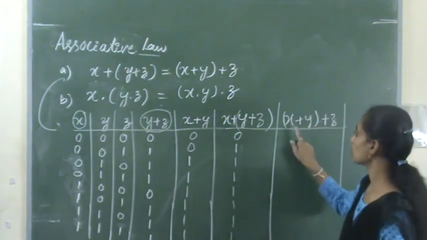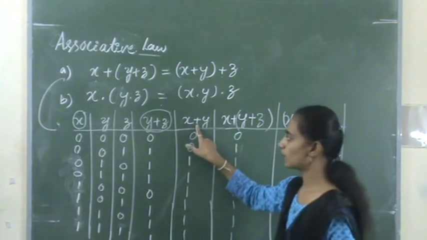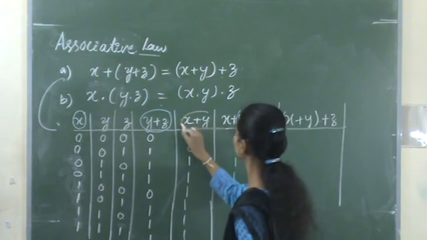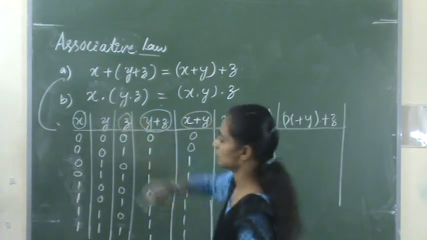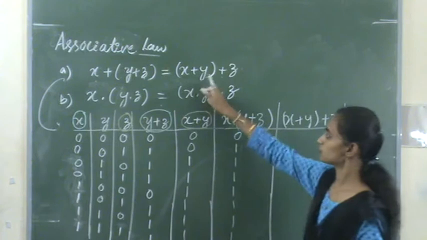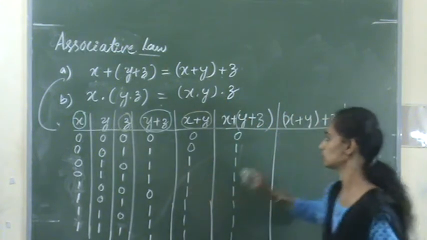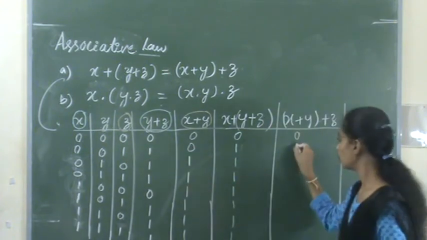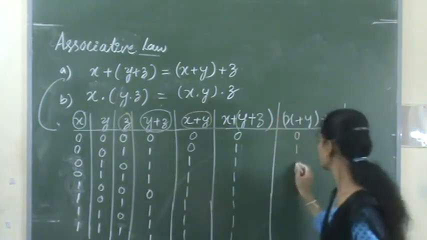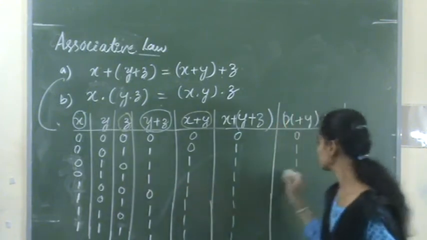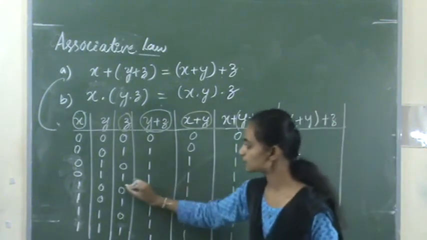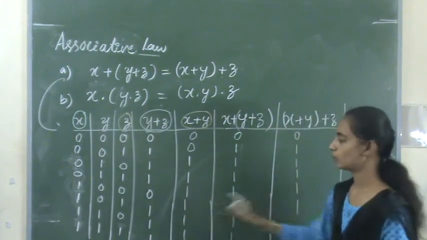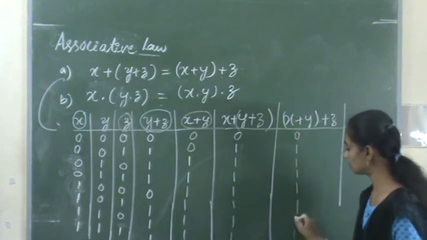Right. So after this, now I have to perform x plus y with z, right? With z. Okay. So now perform x plus y is 0, z is 0. So 0 plus 0 is 0, 0 plus 1 is 1, 1 plus 0 is 1, 1 plus 1 we get 1. 1 plus 0 is 1, 1 plus 1 is 1, 1 plus 0 is 1, 1 plus 1 is 1.